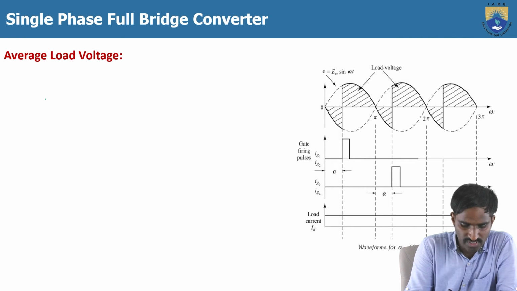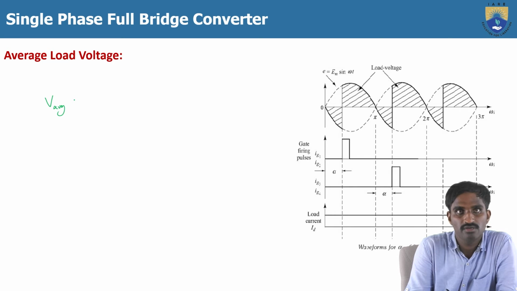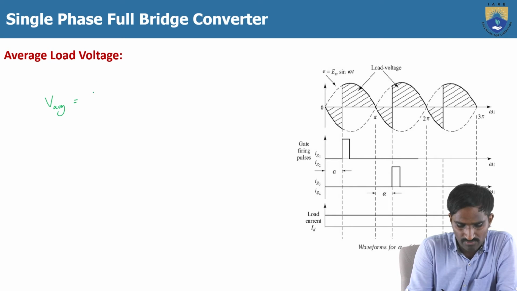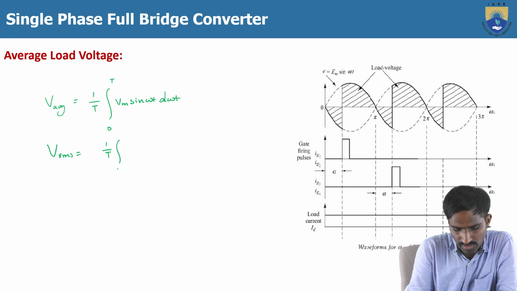For the average, V average is equal to 1 by T into integral 0 to T Vm sin omega T into d omega T. Similarly, Vrms equal to 1 by T into integral 0 to T Vm sin omega T whole square into d omega T whole to the power of 1 by 2.